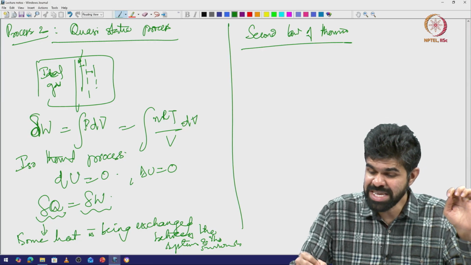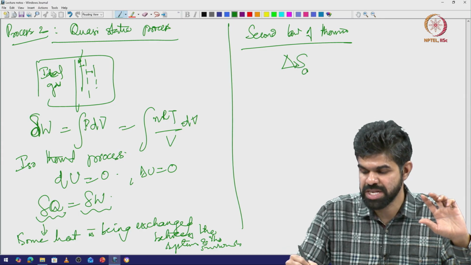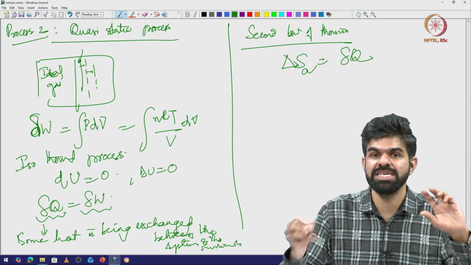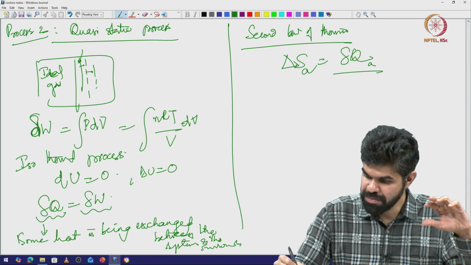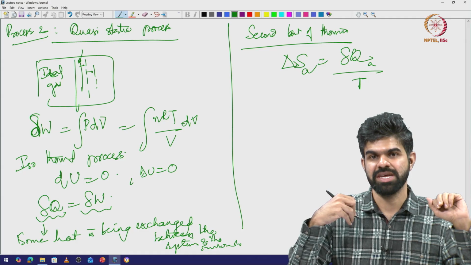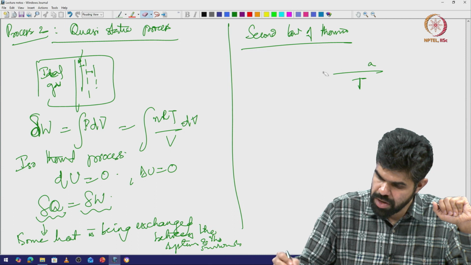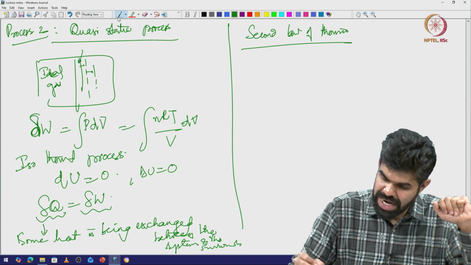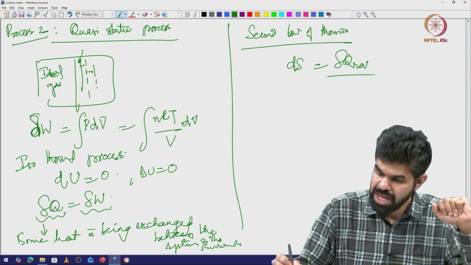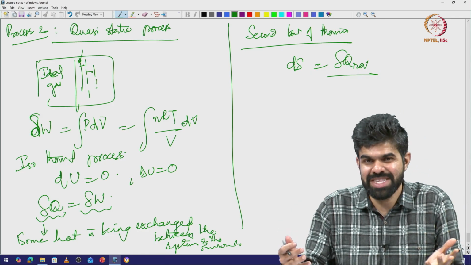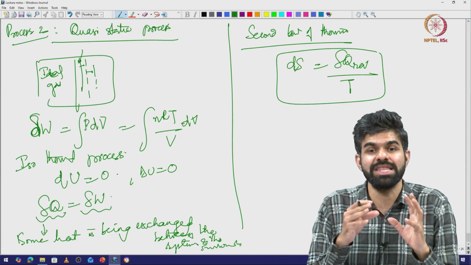Now, the change in entropy of the system is nothing but the heat that the system takes in, divided by the temperature at which it is taking in that heat. Or let us define it as dS is equal to delta Q reversible, that is you have to do a reversible process, divided by the temperature at which that system exists in that reversible process.